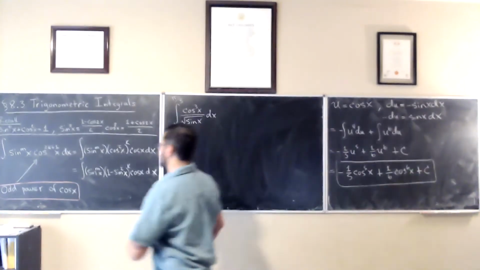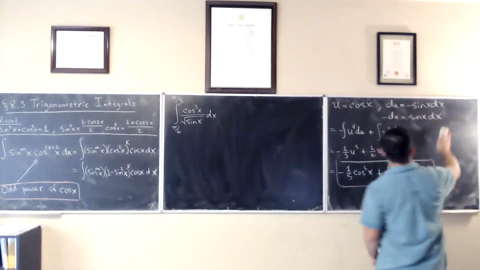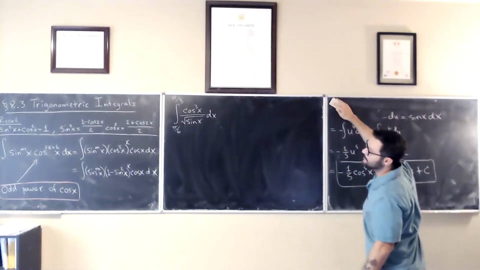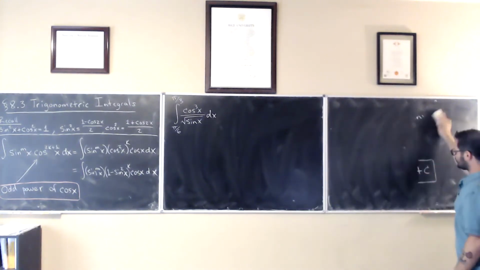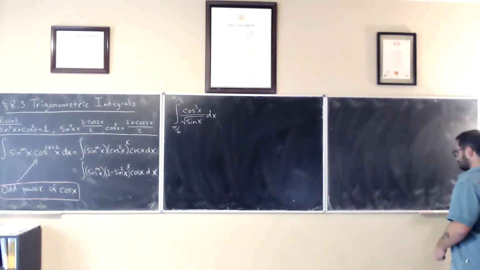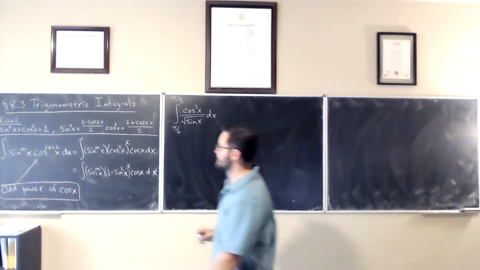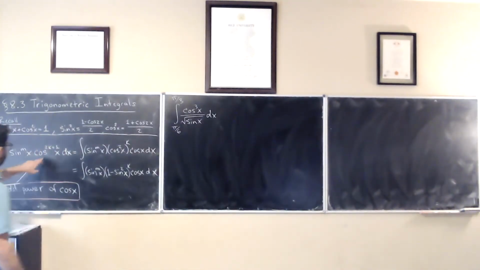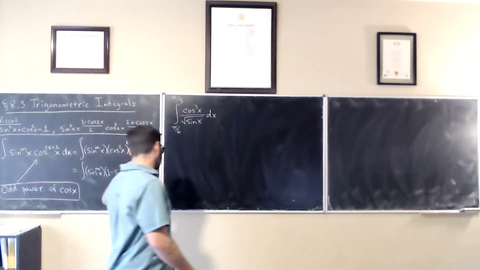Okay, so now we're going to learn how to deal with integrals involving an odd power for cosine. And as with sine, the idea is generally the same. So we have our cosine to an odd power. We write it as cosine squared to the power k times cosine, which just adds up.